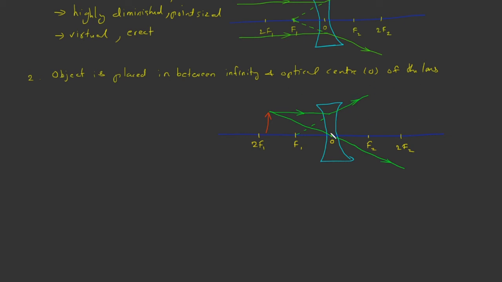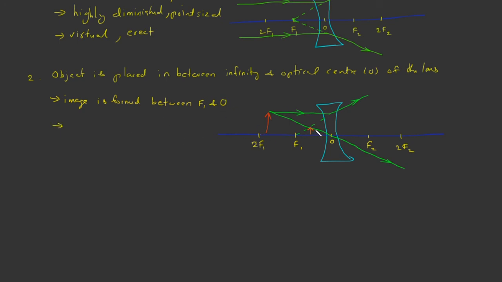But you can see these two rays appear to be coming from a point here. So, we can observe an image here. So, in this case, the image is formed between F1 and O. What about the size of the image?